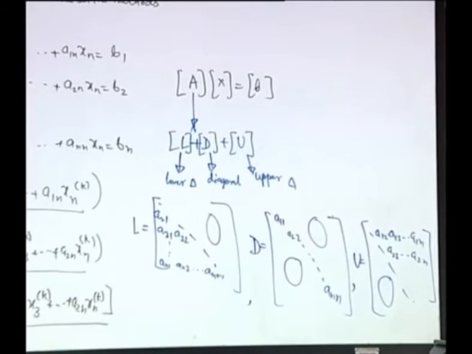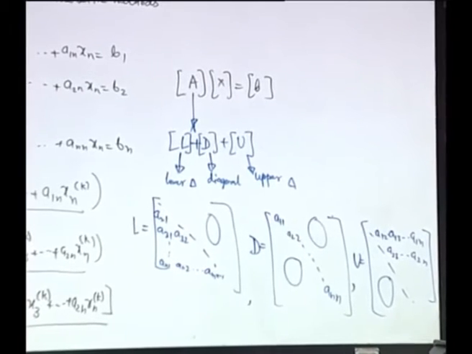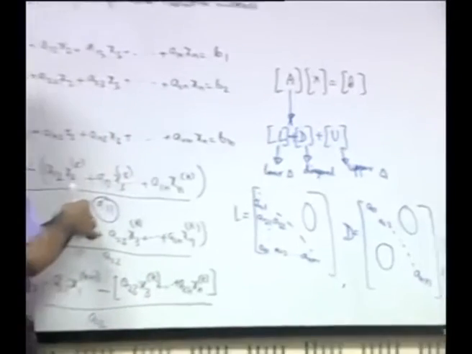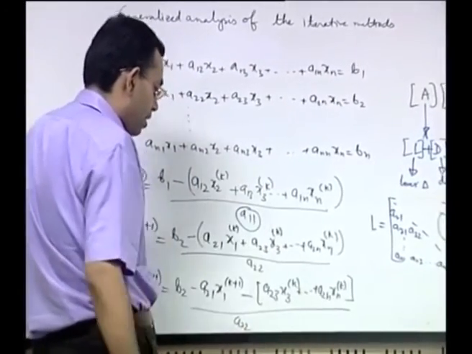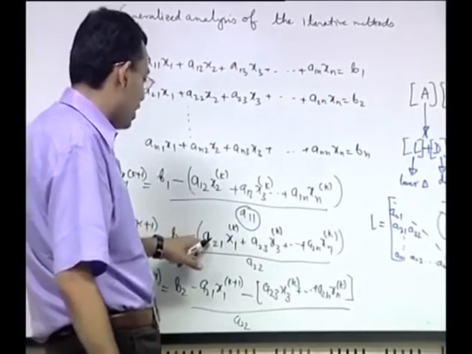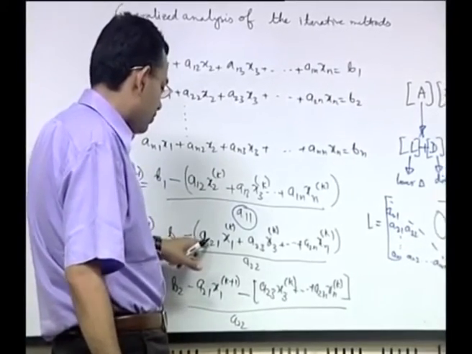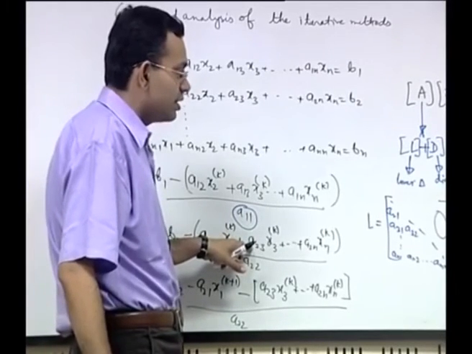So, let us try to identify where we get this L, D and U in the iteration formula. So, where do we get D? It is straightforward. Here in the denominator what is appearing, that is the contribution from D. In the numerator you can see in the Jacobi's formula you have A21, A23 all these.